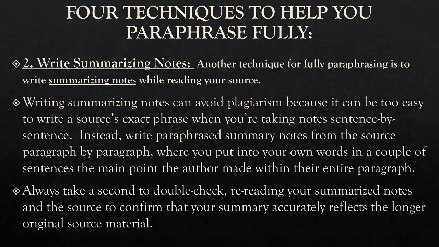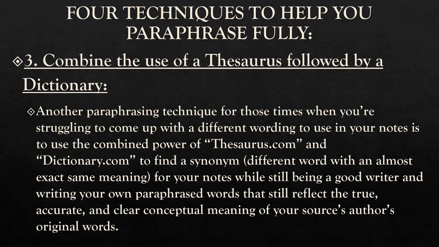So always take a second to double check a couple of things. Reread your summarized notes to confirm that your summary accurately reflects the longer original source material, and then also check that no more than 2 words are in the same order.